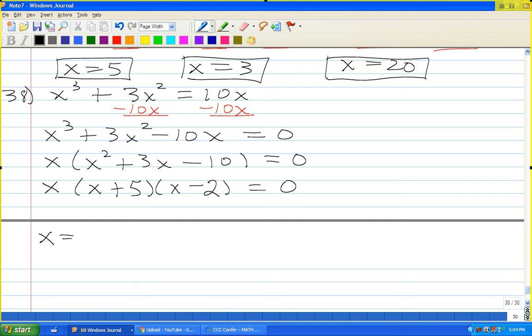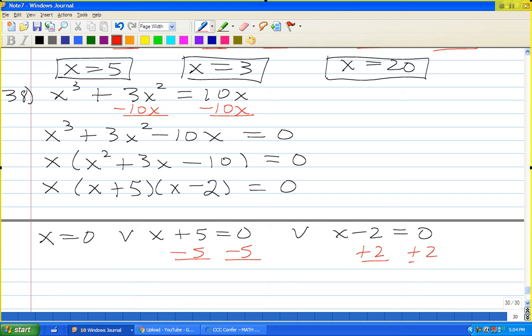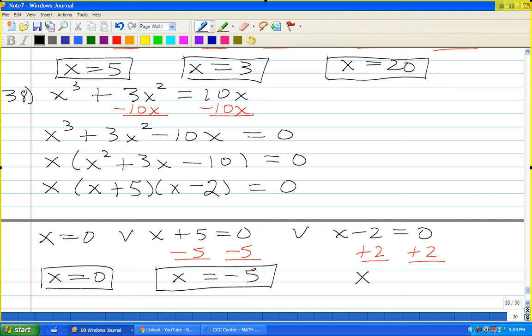So by the zero factor property, I set each factor to 0 and solve for x. And so I have x is 0, x is negative 5, x is positive 2.